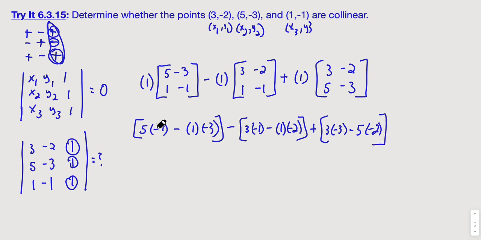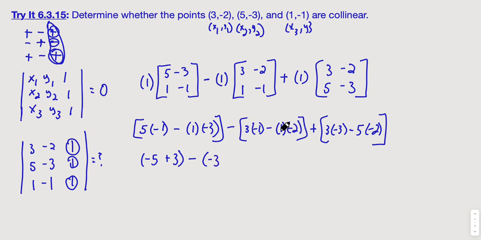So 5 times negative 1, that's negative 5. And then negative 3 times 1 is negative 3, so this is minus negative 3, which is going to be plus 3. Minus 3 times negative 1 is negative 3.